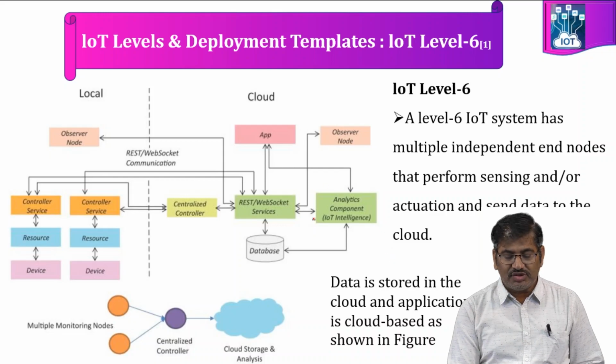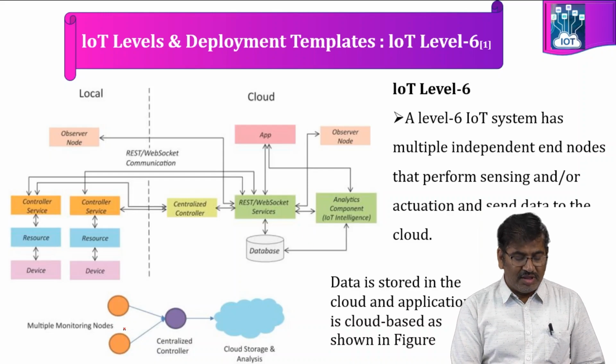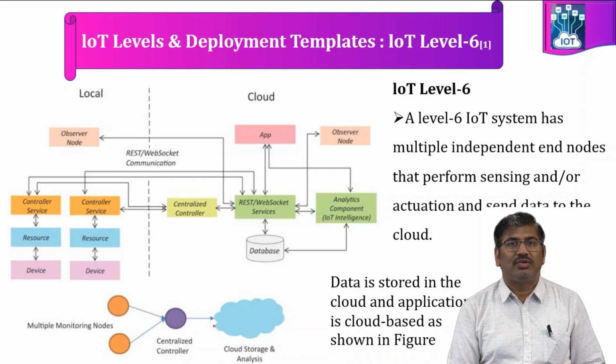So the analysis of the sensed data takes place in the cloud. Here the monitors can observe locally through the centralized controller the data which is stored in the cloud as well as the analysis carried out in the cloud.